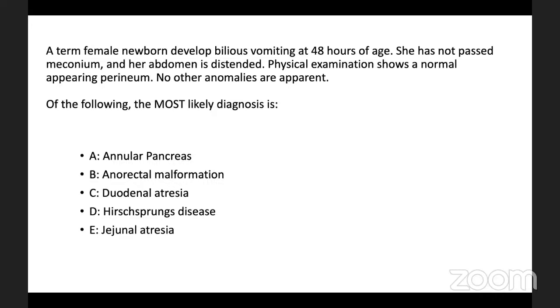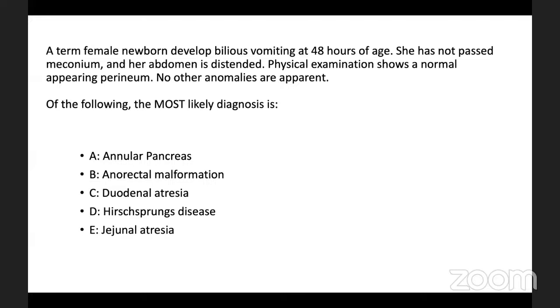Anyone can reply, it's fine. We are all learning. I'm learning from you guys. One reply is duodenal atresia, and second, Dr. Samita is saying it's D, Hirschsprung disease. Only two. Anyone else? Whoever replied, they can open the mic and tell us why they are choosing that, it is more fruitful for all of us.